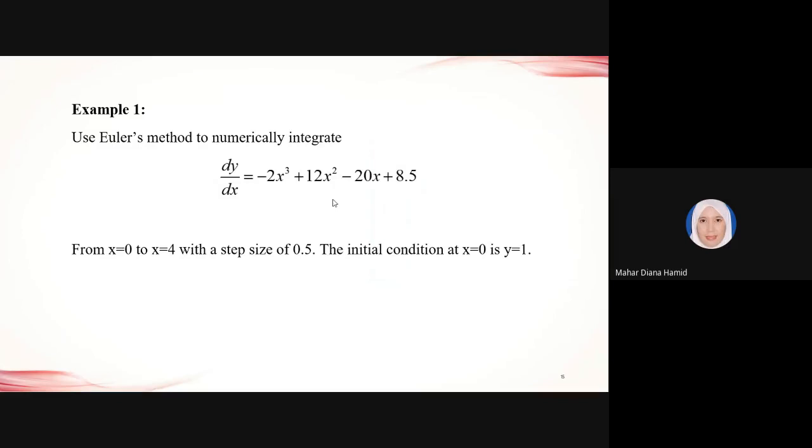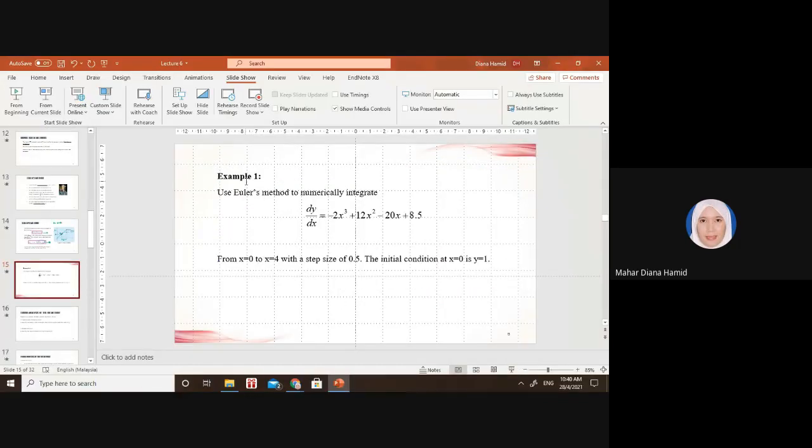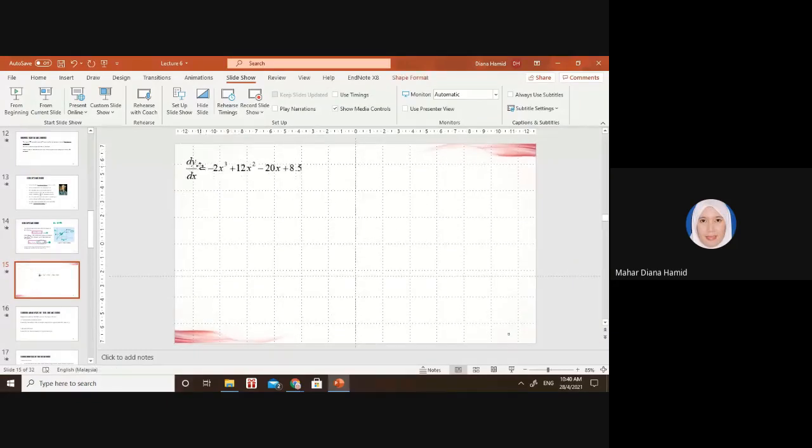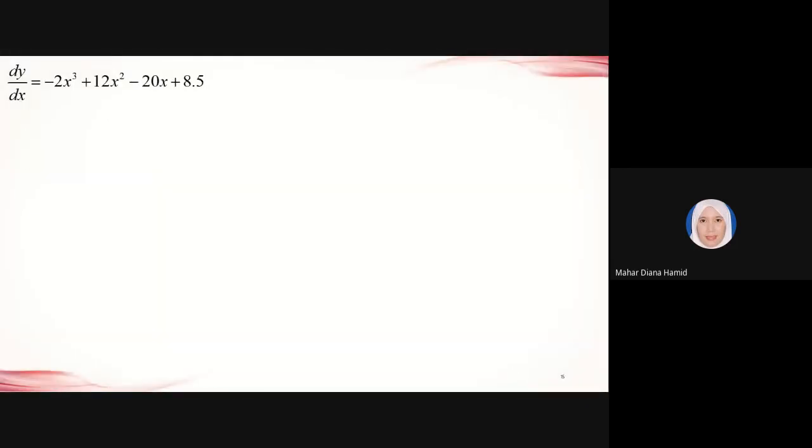For example 1, we are going to use Euler's method to numerically integrate this function from x0 to x equals 4 with a step size of 0.5, and the initial condition at x equals 0 is y equals 1.